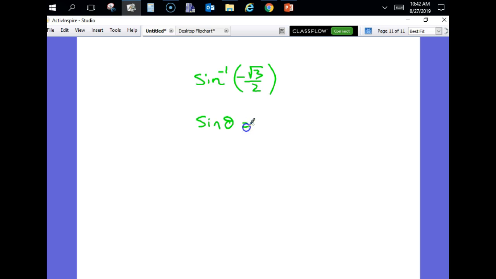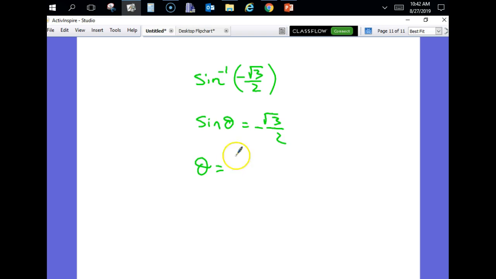I'm going to rewrite that like this, correct? You good? Then I'm going to look at my unit circle. Can you guys find on your unit circle where a y value has negative radical 3 over 2? Give me both answers. There are two, but just give me both.